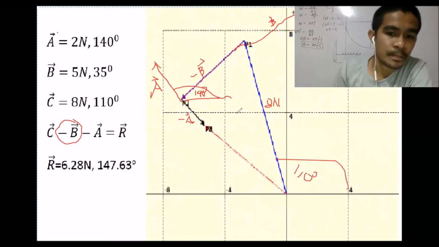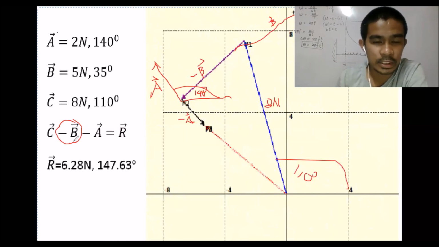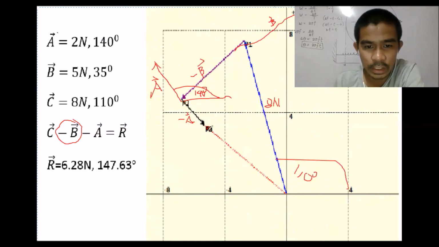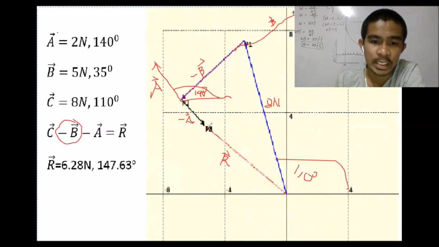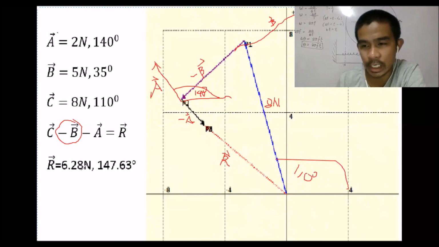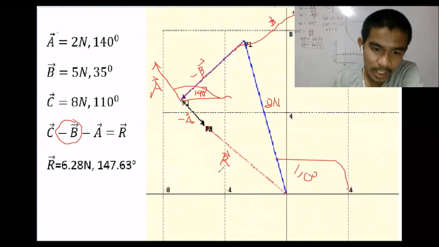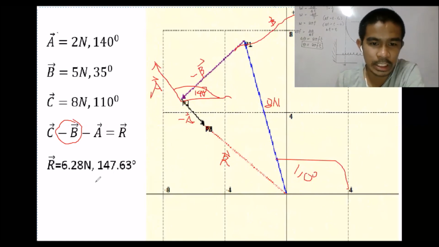Okay, and the resultant or the sum of these three vectors, when we represent it by a line, should be drawn from the tail of the first vector, which is vector C, up to the head of the last vector, which is negative vector A. So this is the resultant vector, vector R. And it has a magnitude or length of 6.28 units. 1 unit here is equivalent to 1 Newton. Since we cannot have 1 Newton length, because Newton is not a unit of length, rather a unit of force, we do scaling.